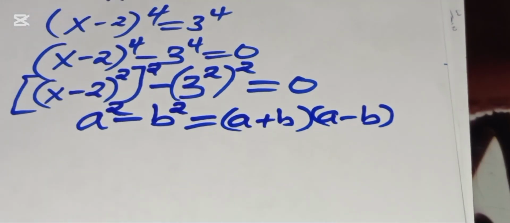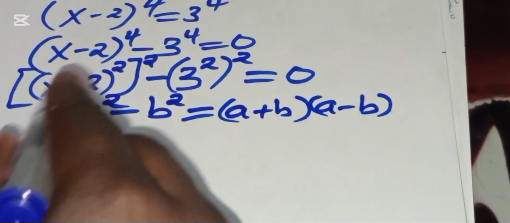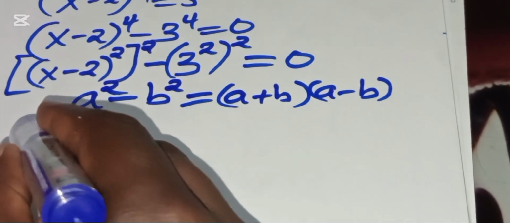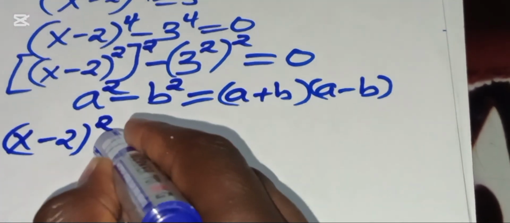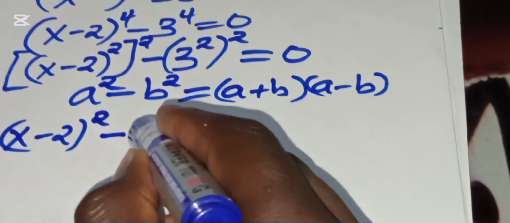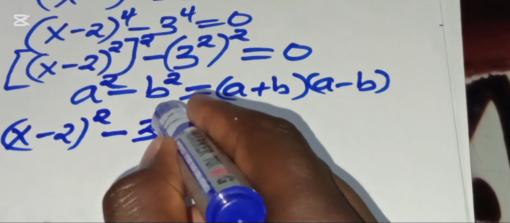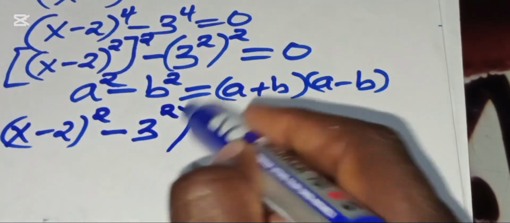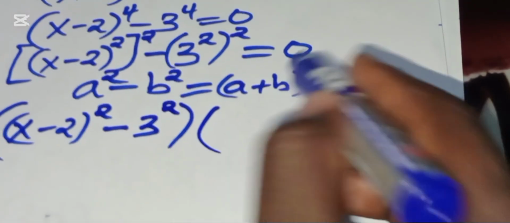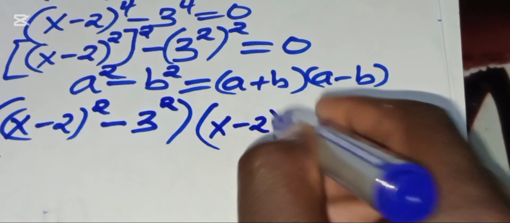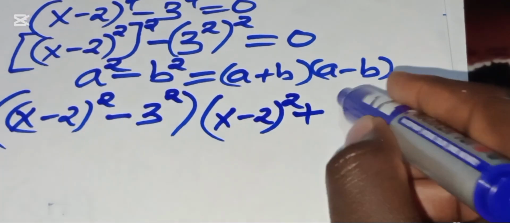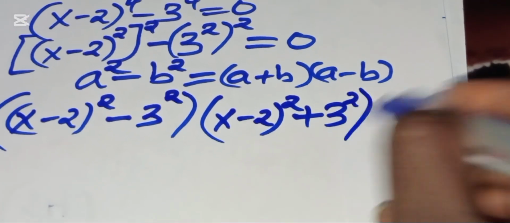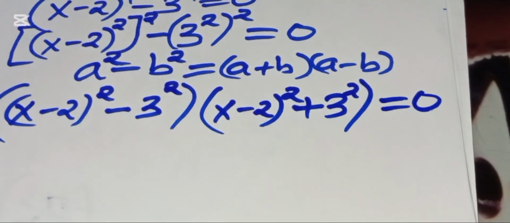Now from what we have here, we express this as ((x minus 2) squared minus 3 squared) and then ((x minus 2) squared plus 3 squared), and this is equal to 0.